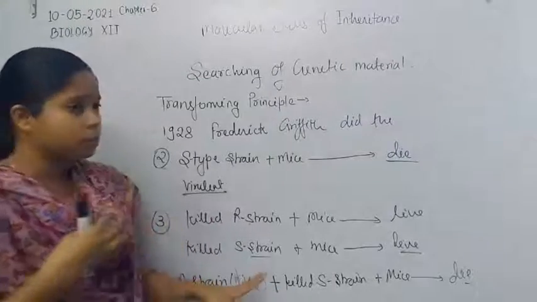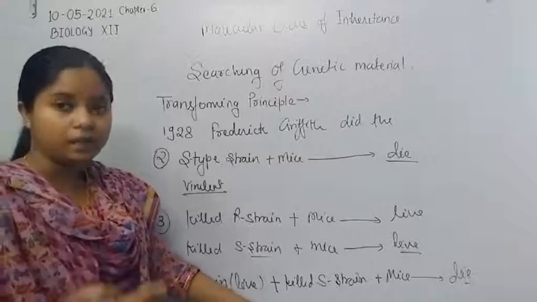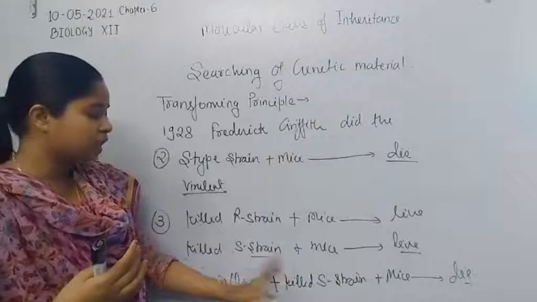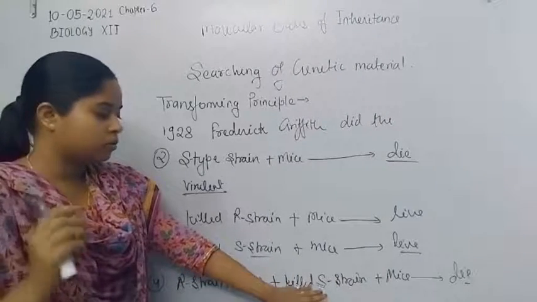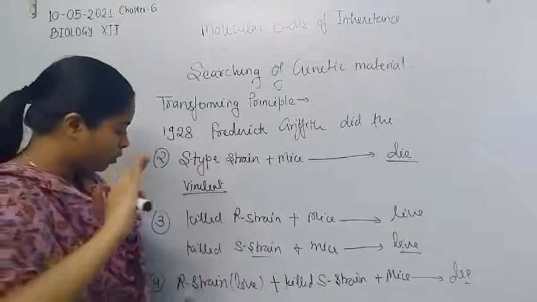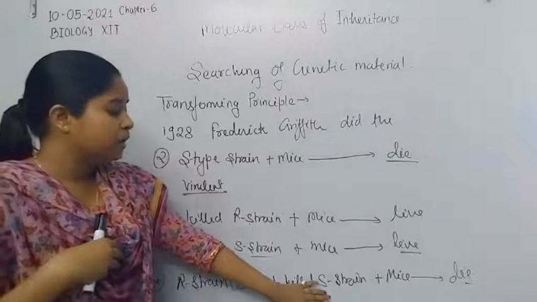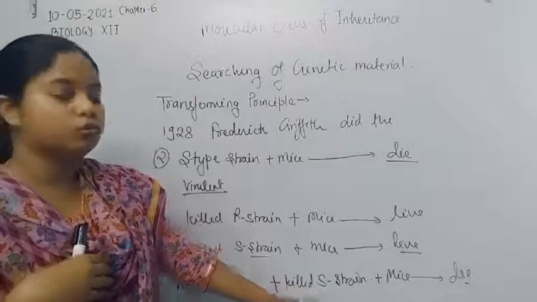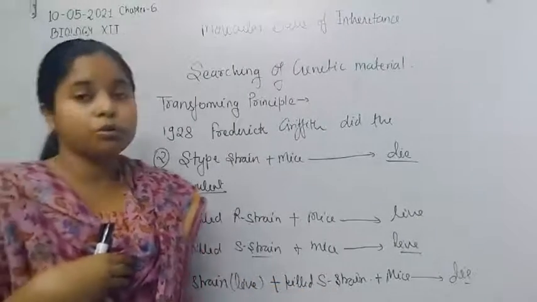Now they are able to synthesize the mucopolysaccharide. The only difference between the R and S strains is the texture: the appearance of the S bacteria is smooth, because of the synthesis of mucopolysaccharide, whereas the R bacteria are rough.